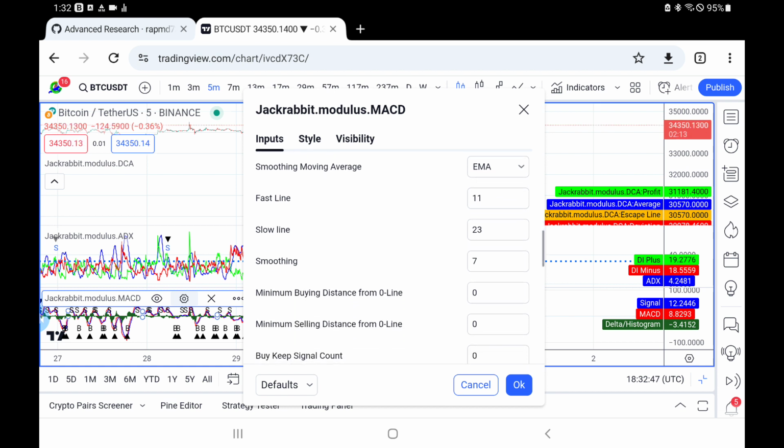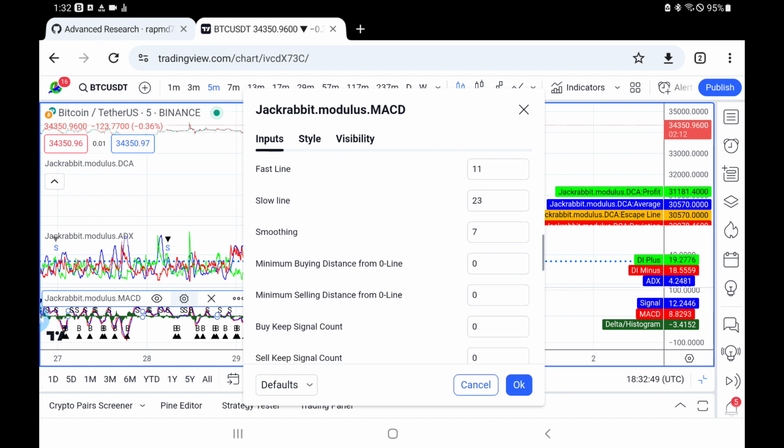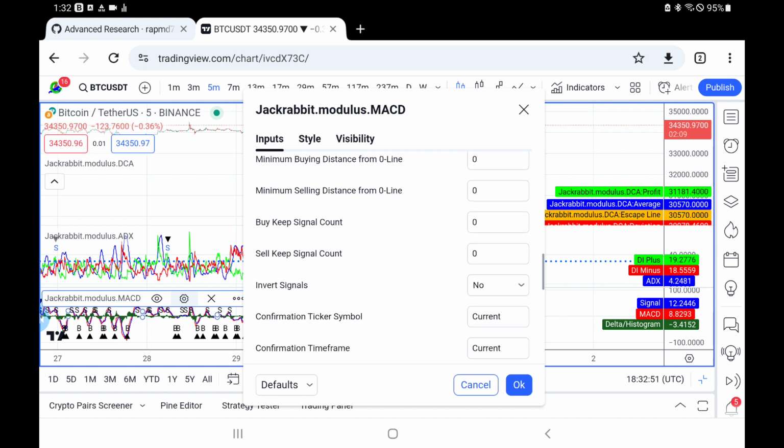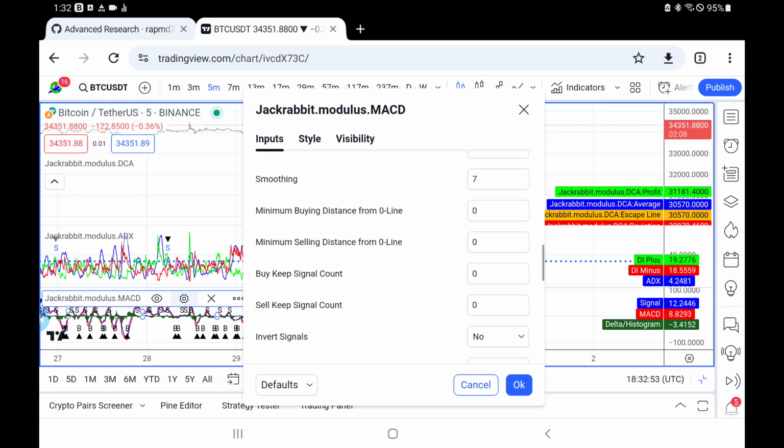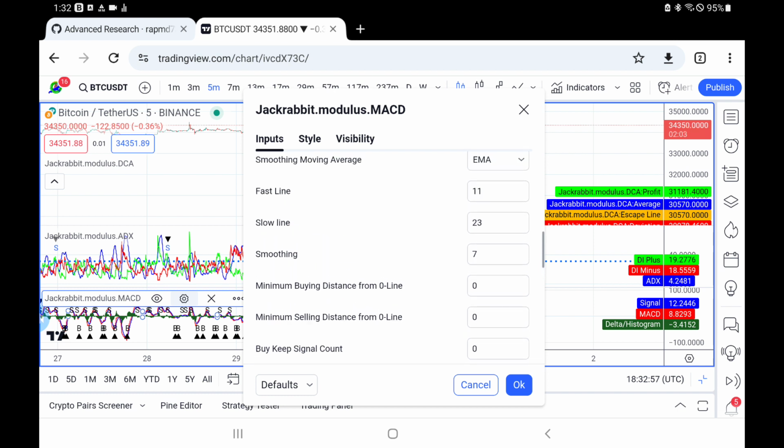That's really all the changes I've made to the MACD. Simple, short, and sweet. No confirmation. So the MACD is very easy, very simple, straightforward process. Now let's look at the ADX.